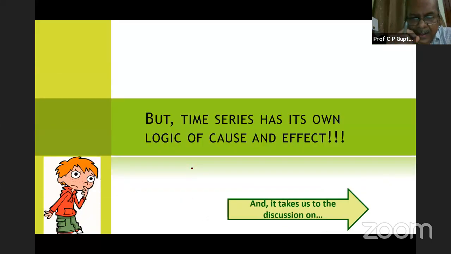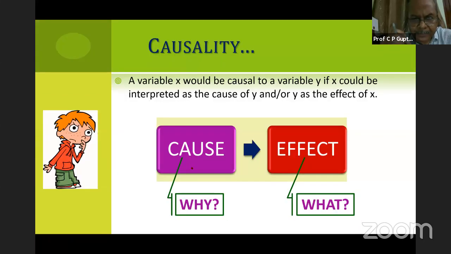Now let's see how we understand the logic of cause and effect in time series context. And in fact that takes us to the concept of Granger causality. A variable x would be causal to variable y if x could be interpreted as the cause of y and/or y as the effect of x.